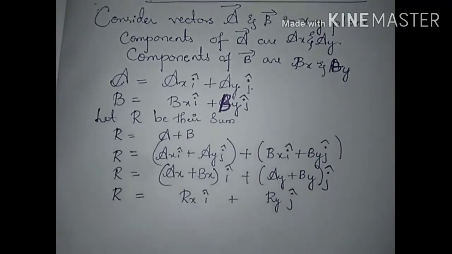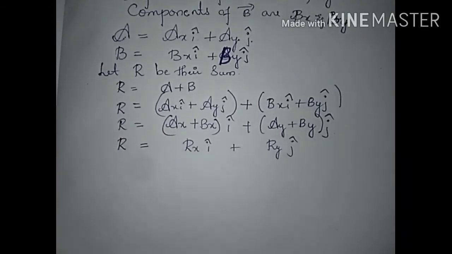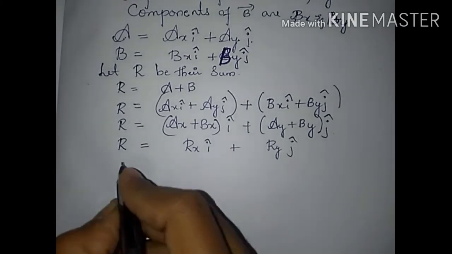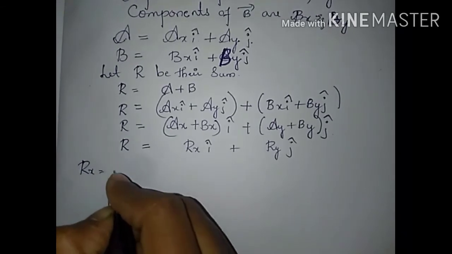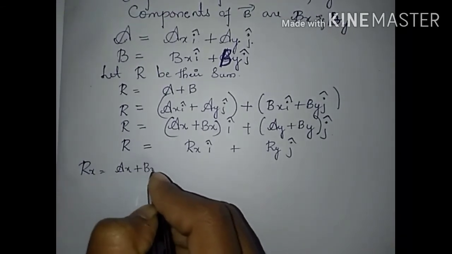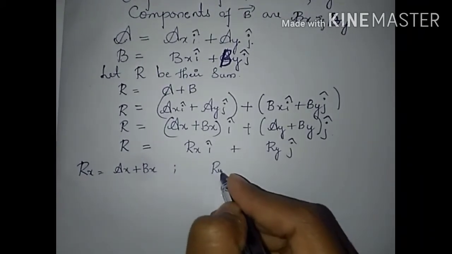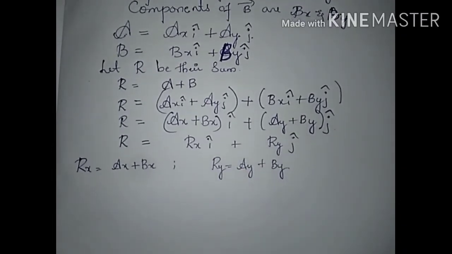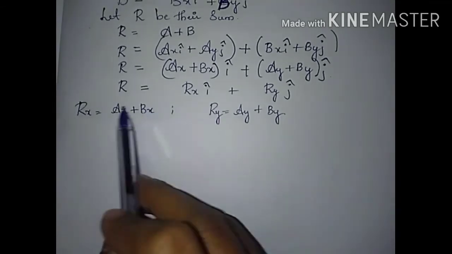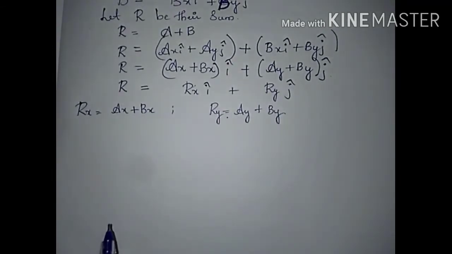As simple as that. Clear? So here Rx is Ax plus Bx, and Ry is Ay plus By. So thus we wrote R as a sum of vectors A and B. So R is again a resultant vector.